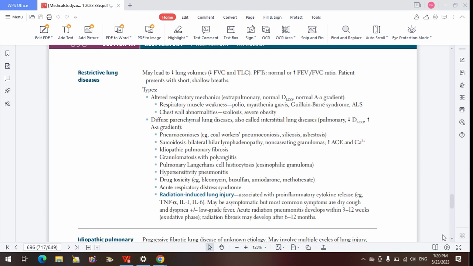So these guys will actually present with symptoms of pulmonary fibrosis at this point. So the acute inflammatory response, which brings about the acute radiation pneumonitis, occurs within 3 to 12 weeks. That's 1 month to about 3 months. Then from 6 to 12 months, if that radiation is still being continually exposed, it can cause fibrosis. So we'll talk about pulmonary fibrosis proper. We'll know the way they present.